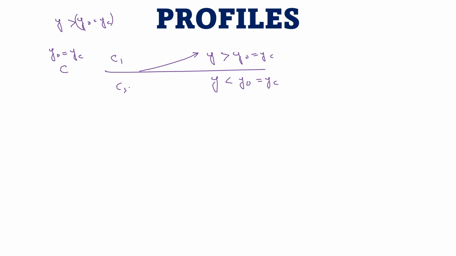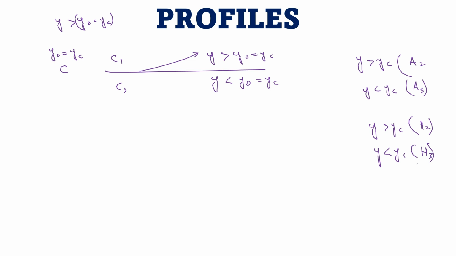And in the same case as for adverse and horizontal profiles, if Y is greater than YC, then the profile will be A2, and if Y is less than YC, the profile will be A3. And for horizontal, if Y is greater than YC, the profile will be H2, and if Y is less than YC, the profile will be H3.